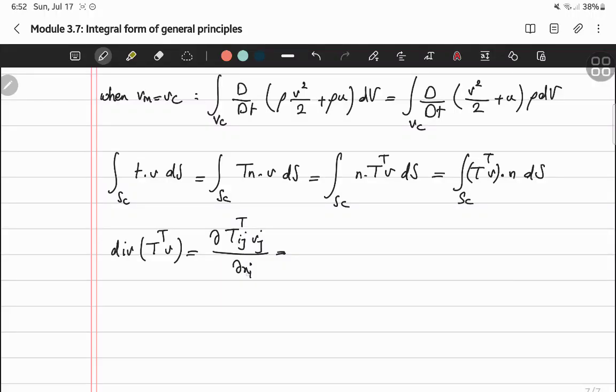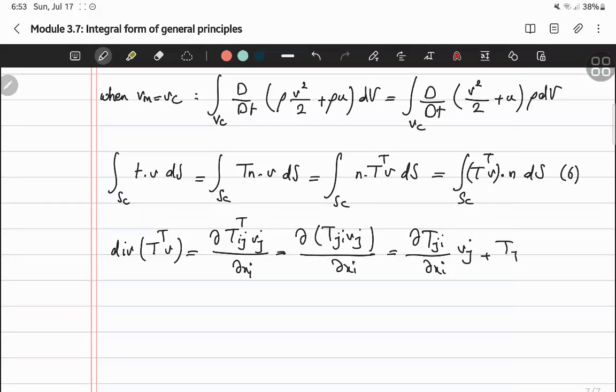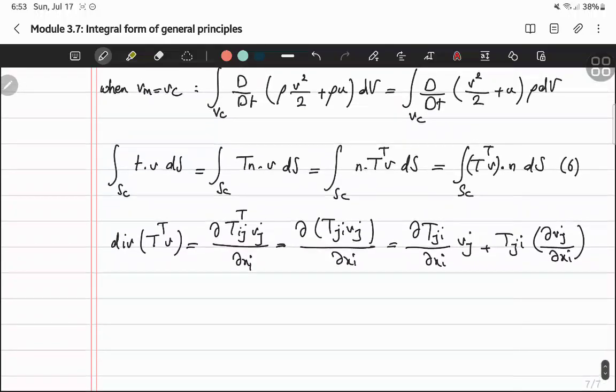That's why here we have two i's and two j's. So we take the partial derivative of t_ji v_j, because this is transpose, with respect to x_i. It's equal to the partial derivative of t_ji with respect to x_i times v_j, which we call 6, plus t_ji times the partial derivative of v_j with respect to x_i.